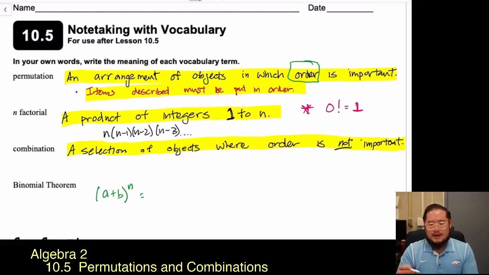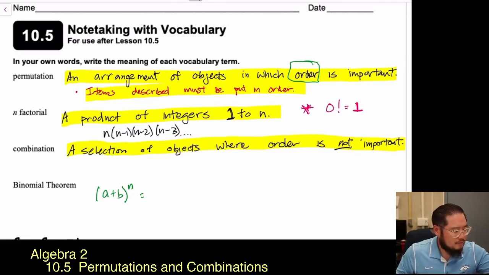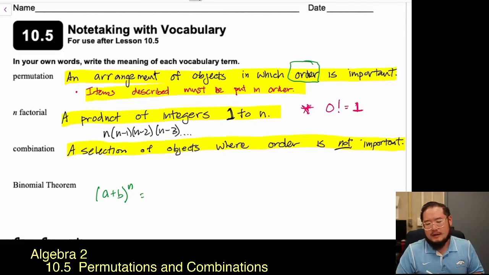Well, the binomial theorem is another way of finding the different combinations to help you come up with the coefficients, but we're not going to talk about that much in this section. I'm just briefly touching upon it to help you make a connection with what we did in 4.2.